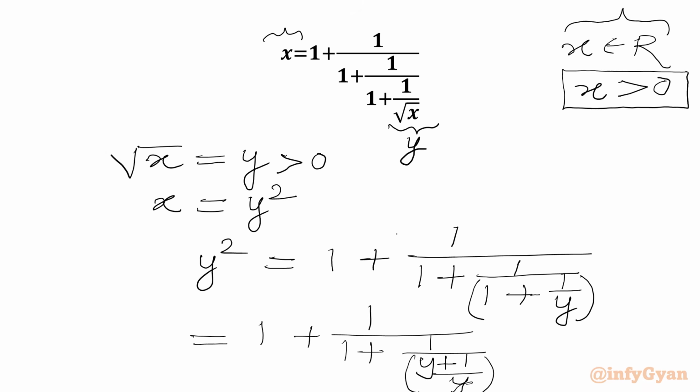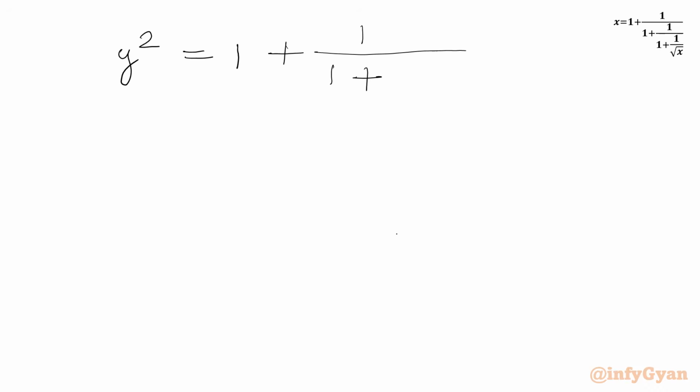We have to consider the reciprocal of y plus 1 over y, which will be y over y plus 1. So y square equals 1 plus 1 over 1 plus y over y plus 1.